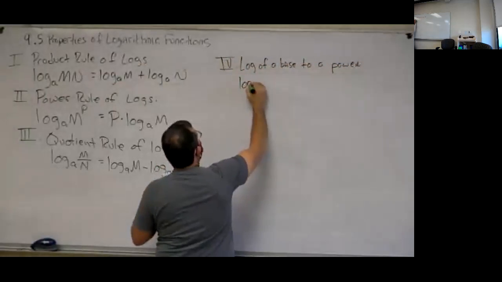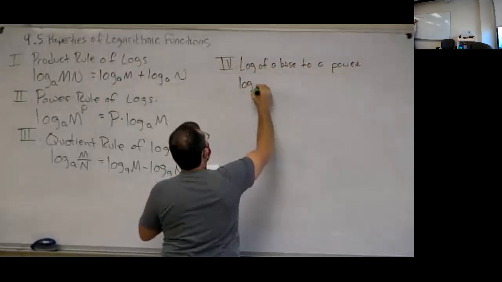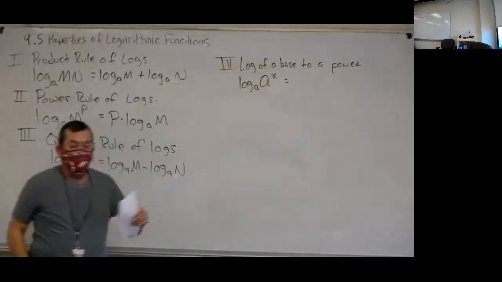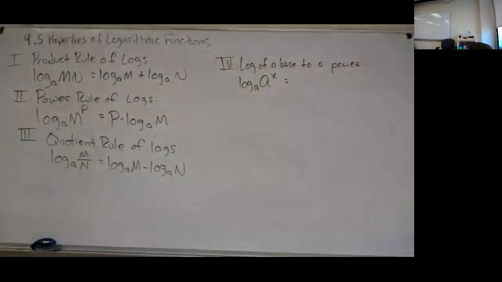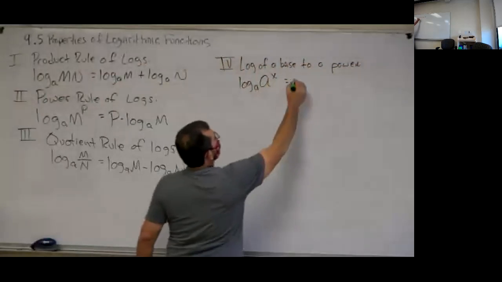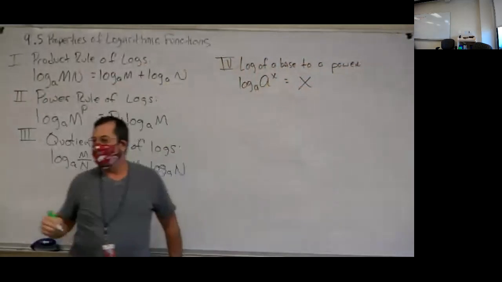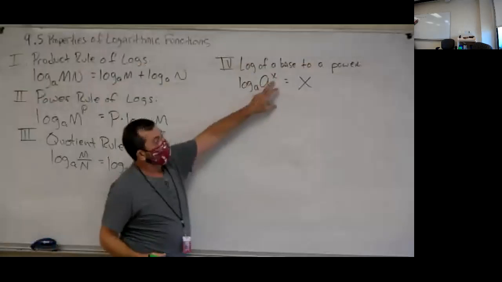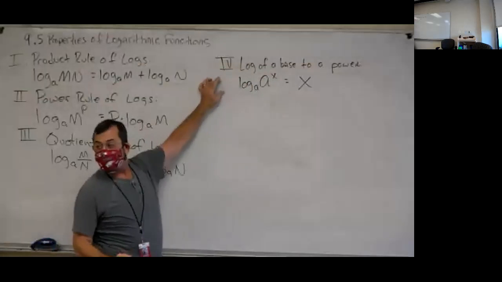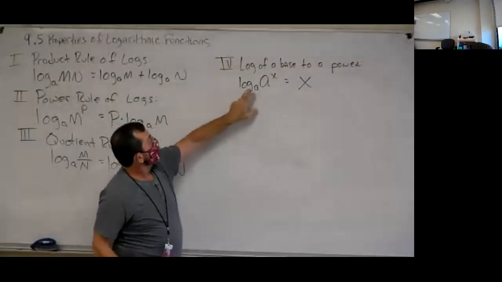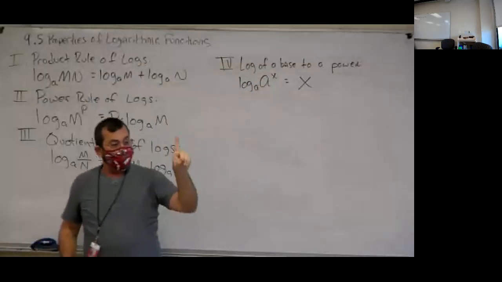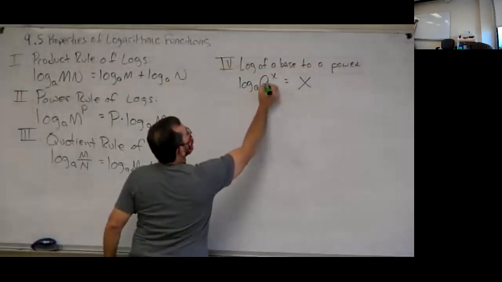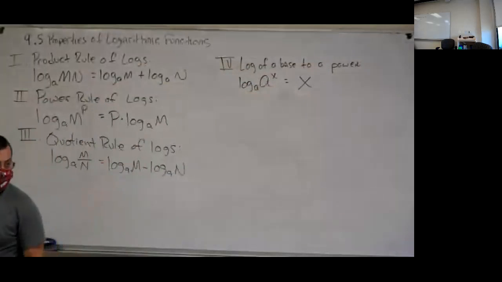I got log base A of A to the X. Anytime you see something written in that pattern, the actual answer will be X. And I'll tell you the reason that is, because using the power rule, you would bring that X down to the front. But the log base A of A, that part equals 1. Because anytime the base matches that result, it's a 1 there, okay?